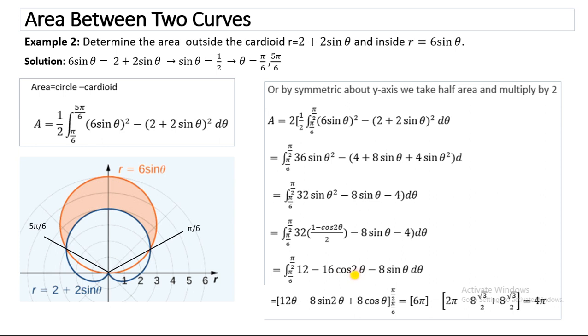The integration of cosine 2 theta: 16 divided by 2 is 8, so I have minus 8 sine 2 theta. The integration of sine theta is minus cosine theta, multiplied by minus 8, so I have plus 8 cosine theta, from pi over 6 until pi over 2. 12 multiplied by pi over 2 is 6 pi.